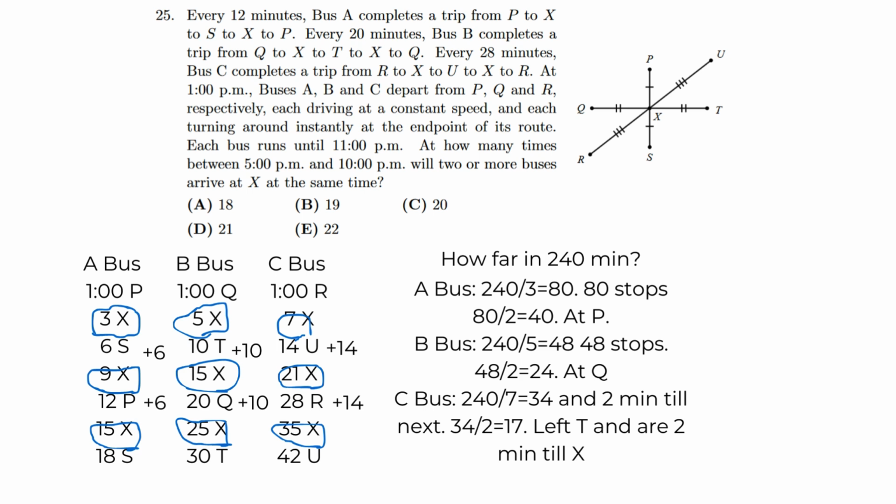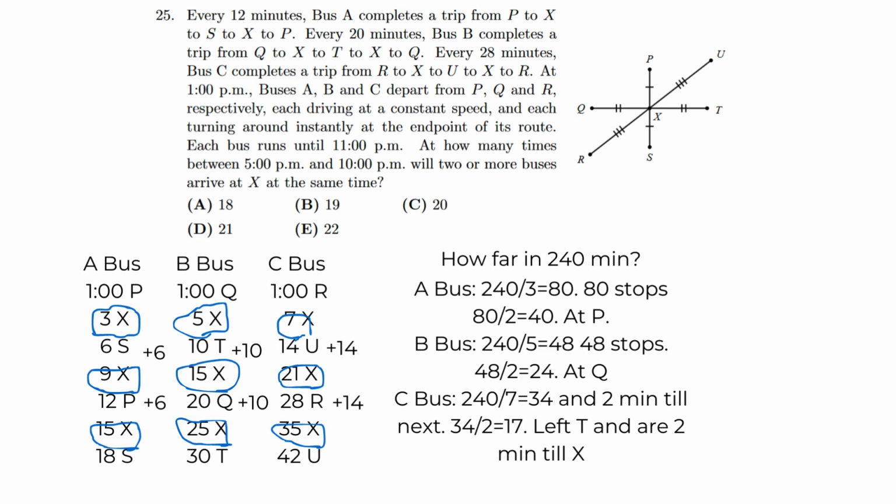Bus A starts at 1 p.m. and 3 minutes later it reaches X. 6 minutes after 1 p.m. it reaches S. Another 9 minutes after 1 p.m. it reaches X again. 3 minutes after that it reaches R. 15 minutes after 1 p.m. it reaches X again. And 3 minutes after that, at the 18 minute point, it reaches P.